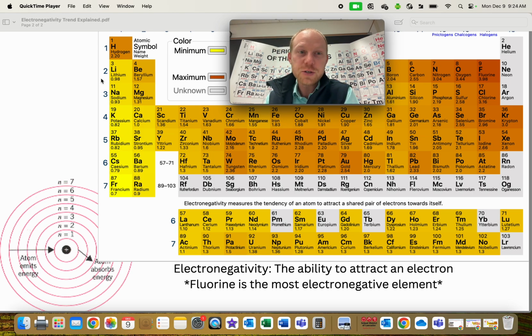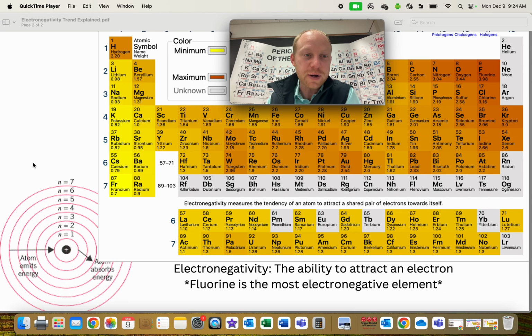And as you move from top to bottom, you're adding those shells. The first row has 1 shell, n equals 1 in the Bohr model. The second row has 2 shells, n equals 2, then 3 shells, 4 shells, 5 shells, 6 shells, all the way up to 7 shells in the Bohr model. So as you can see, the atom gets bigger and bigger as we add on more shells.